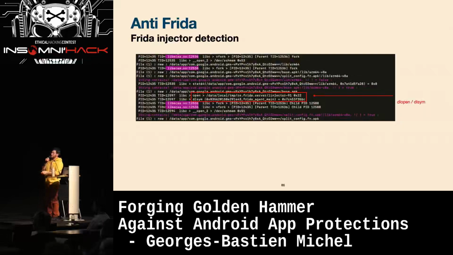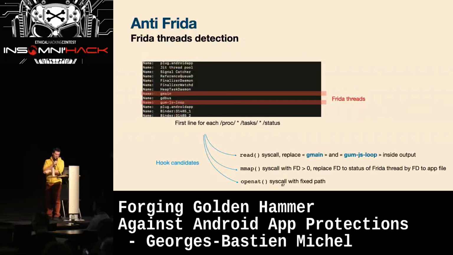Okay. Another kind of Frida detection is to search for the injector of Frida and use dlopen, for example, or to search for threads, because Frida has two threads with a specific name. If you use a stronger Frida, for example, the server patches such strings, but if you use the official Frida binary, you could be interested in tampering with such values.